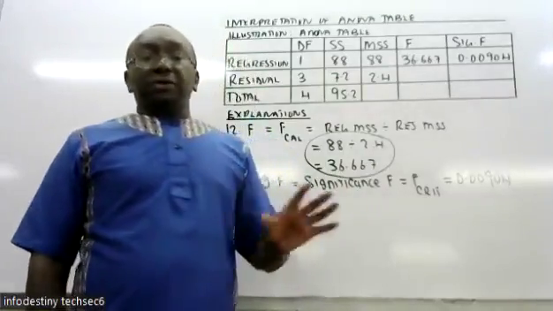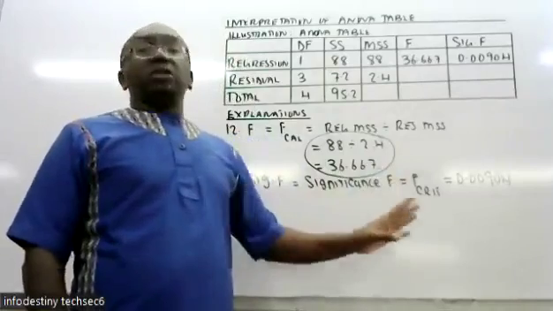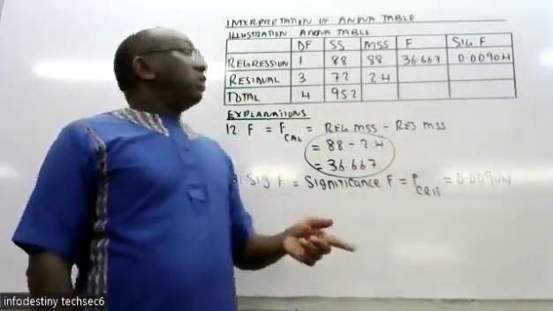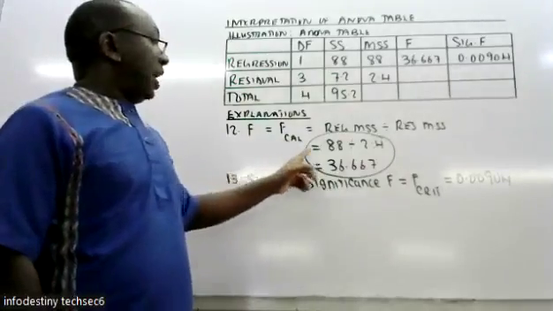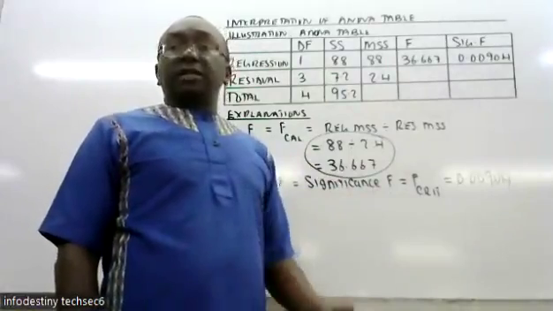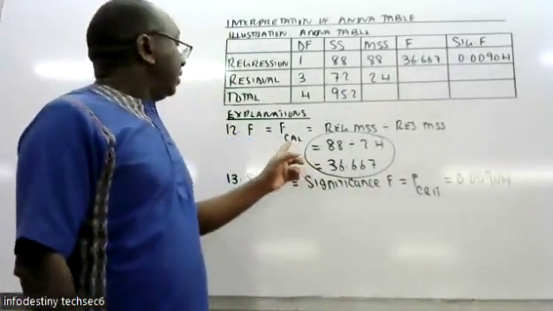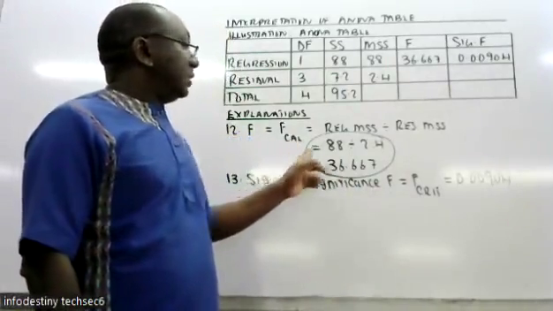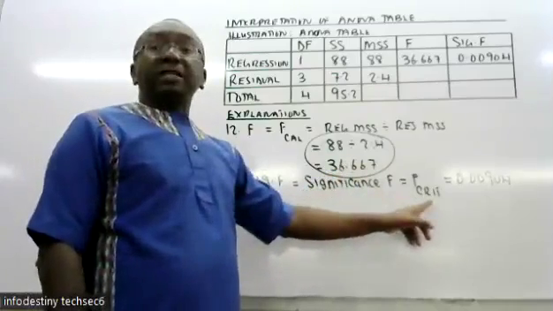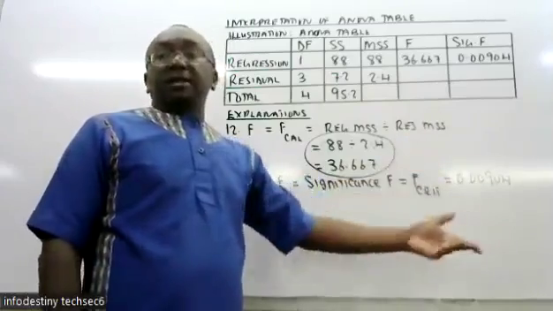The second type of question is where you are told to interpret or to comment. For example, this is F calculated and this is F critical. We did an F test and said that if the F calculated is greater than the critical, like this one, it means the relationship is significant.